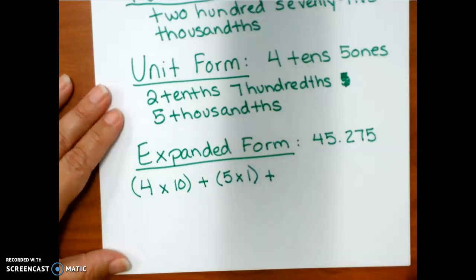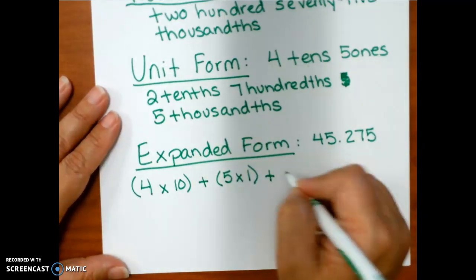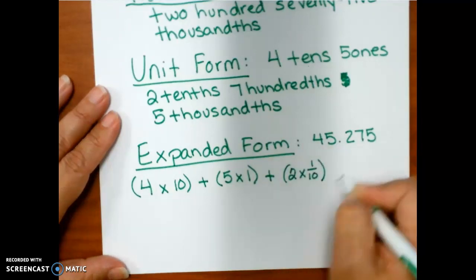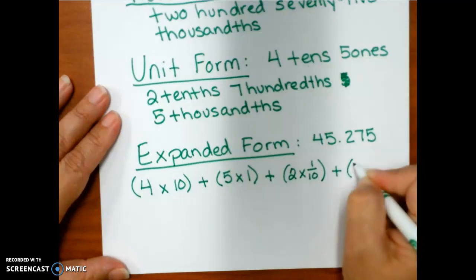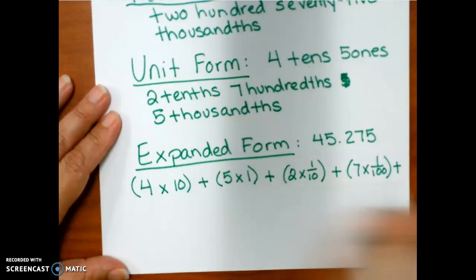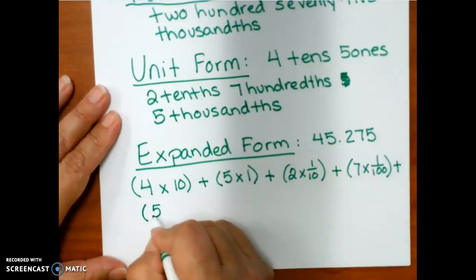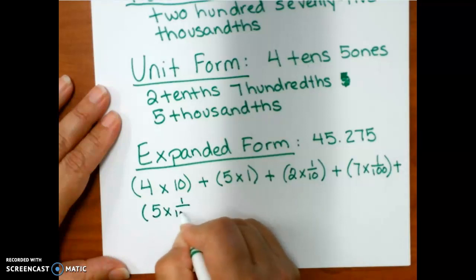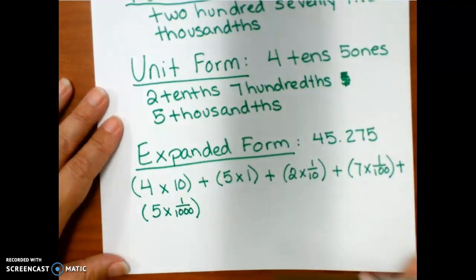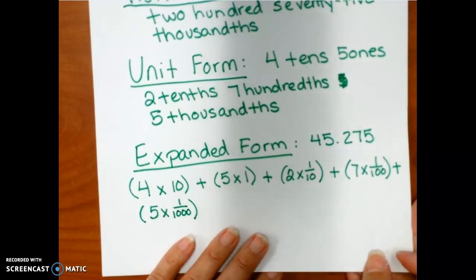Now, I can show the rest of it in fractions or decimals. I'm going to do fractions because it's a little bit easier to read for me. So I would have 2 times 1 tenth plus 7 times 1 hundredth plus 5 times 1 thousandth. Okay, now that's the different forms of decimal numbers.